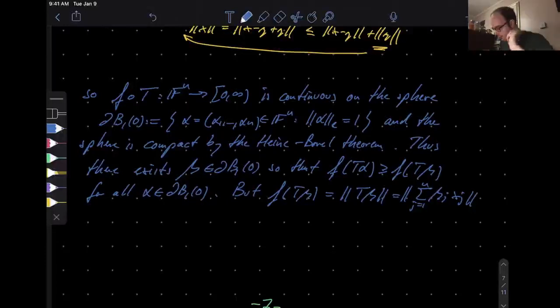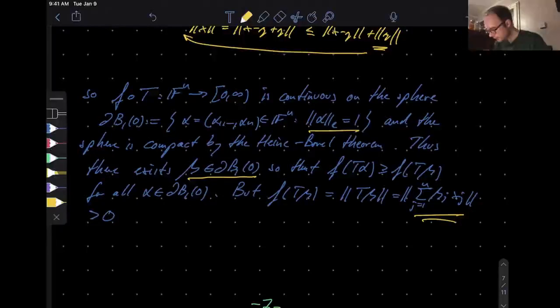Okay, but we claim that this is of course positive. And why is this? Well, because if it were 0 by the norm properties, that can only happen if that whole thing inside here is equal to 0, but xj is the basis, so that will only happen when all the beta j's are equal to 0, but this can't be, because beta is chosen from the boundary of the unit ball, right? So it has to have length equal 1. It can't be the 0 vector.